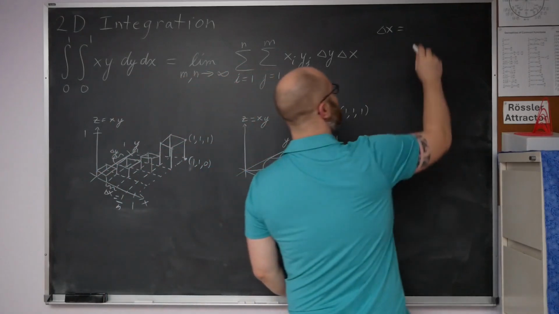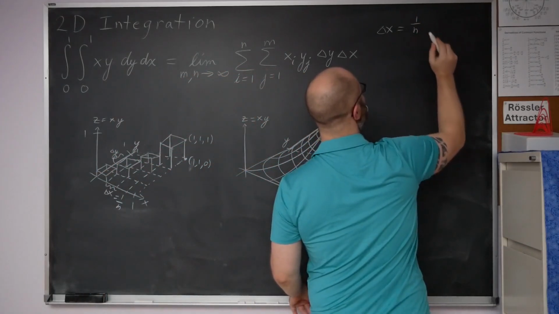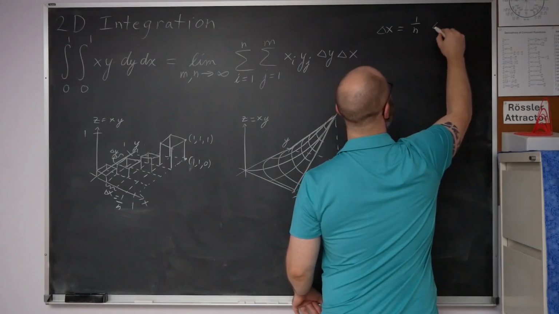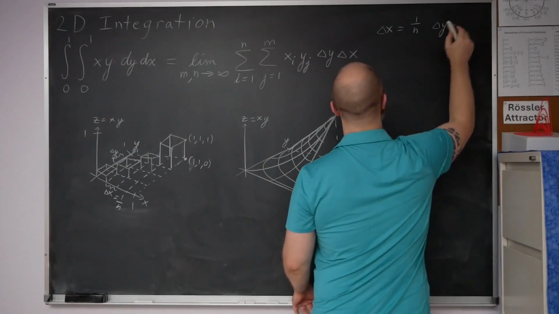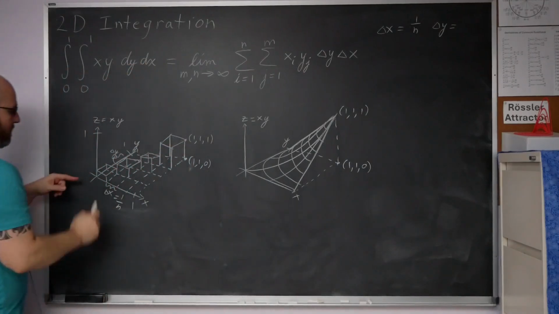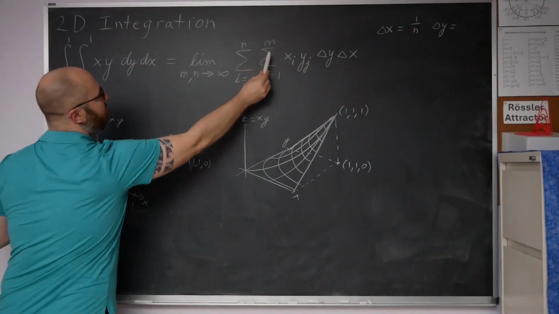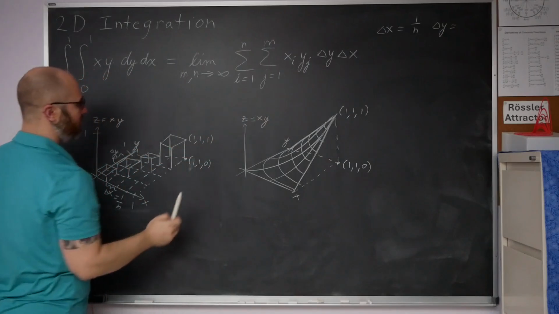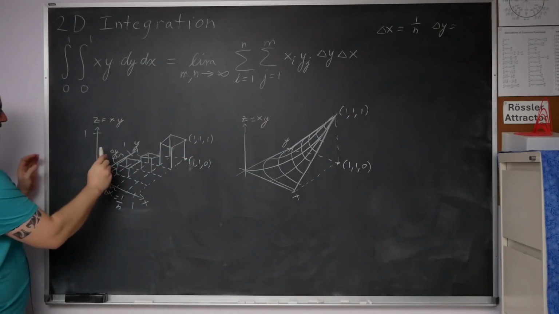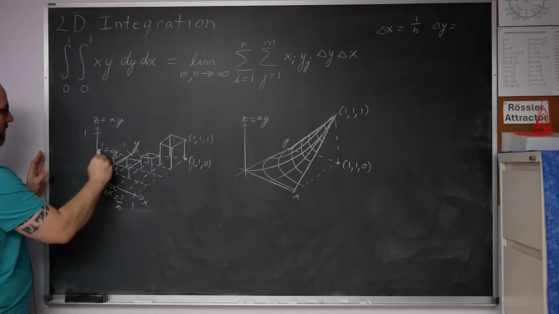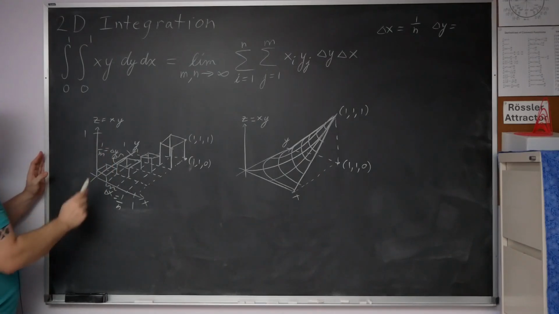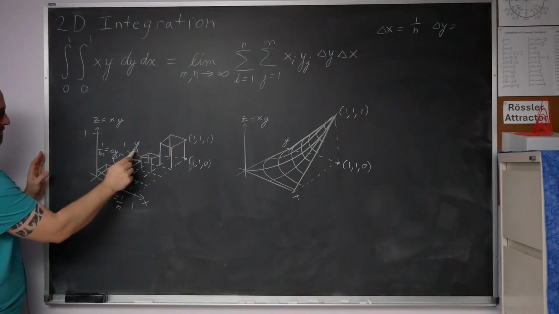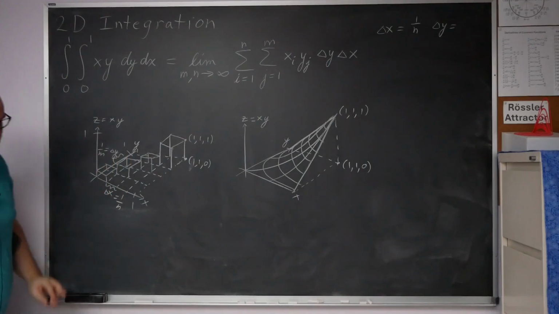Each division delta x is 1 over n. And similarly, delta y, we're going from 0 to 1. There are m divisions in the y direction, and so delta y is 1 over m, because 1 is the length from 0 to 1, and there are m divisions. So this is 1 over m.